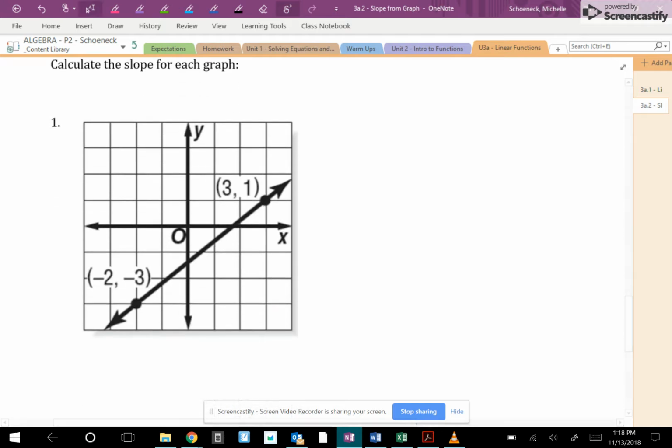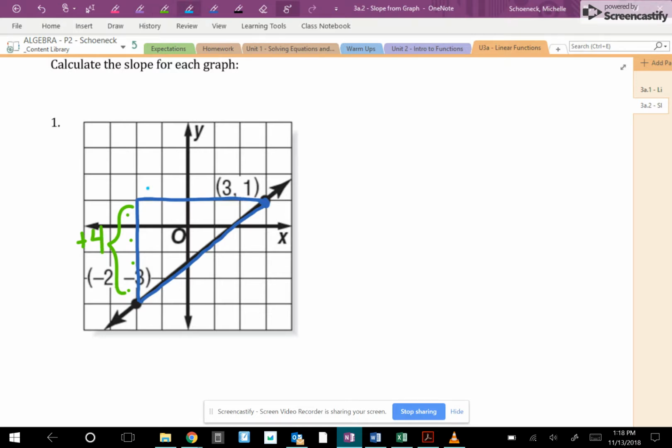All right, let's try it again. First, we're going to find 2 points, and we're going to draw a rectangle, or sorry, a triangle from this point to the other point. Here's my triangle. I noticed that I had to go up 1, 2, 3, 4. So this is up 4, or plus 4.